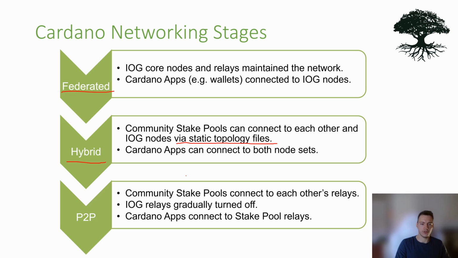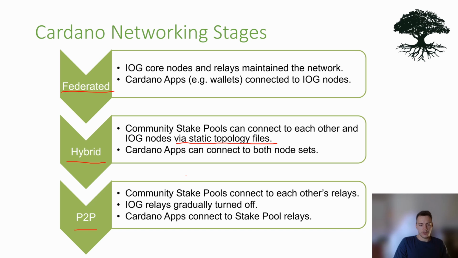So they can connect both to the IOG relays and the community stake pools. So in this stage, IOG relays are still up and running and can be used. Cardano apps can therefore connect to both the stake pool relays or the IOG nodes.